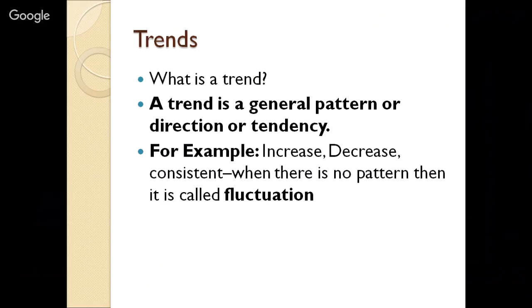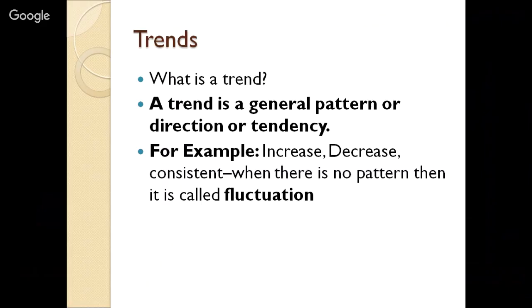So when you think of increase, you talk about the figures going up. When you talk about decrease, you talk about the figures going down, getting less. When you talk about consistent, you talk about the figures being in the same region. And when it's fluctuating, it is going up, down, up, down. If you should use your hand to represent the trend, your hand for increase would be going up, up, up.